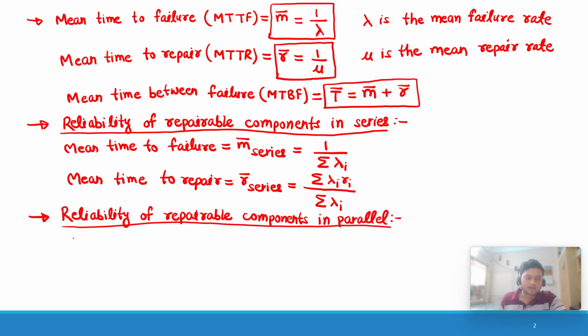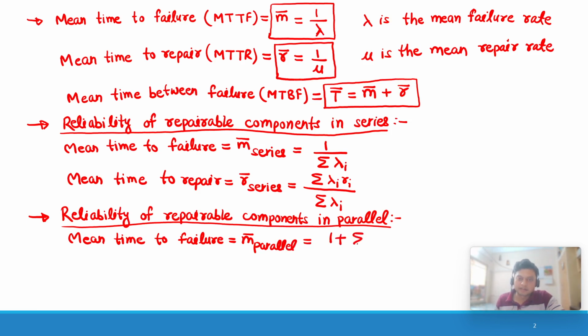So for the parallel combination we can write mean time to failure in parallel, it is equal to 1 plus summation lambda i r i divided by multiplication of lambda i, then summation of r i.